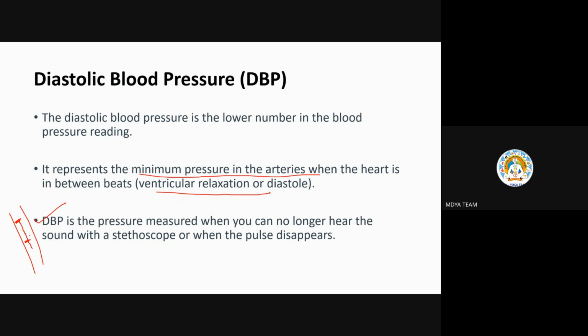That exact point is the diastolic blood pressure when measuring your BP on manual machines. First beat sound is systolic, last beat sound is diastolic, up to which we hear. Therefore it is written that diastolic blood pressure is measured when you can no longer hear sounds with the stethoscope, no longer able to hear the beat sounds.